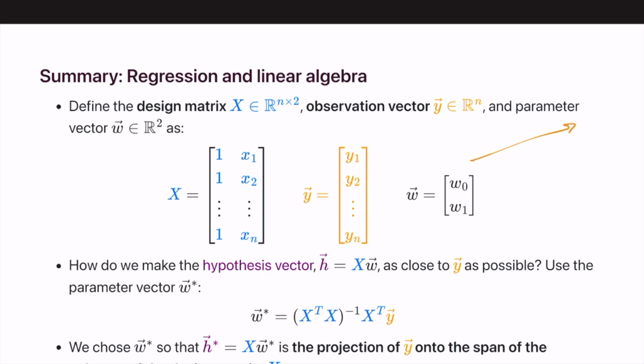We have our y vector, and we have the span of our x's with the parameter vectors, and that's what gives us, in purple, our hypothesis vector, and the projection of that is what's orthogonal to the error vector. The error vector needs to be orthogonal with respect to our hypothesis vector.